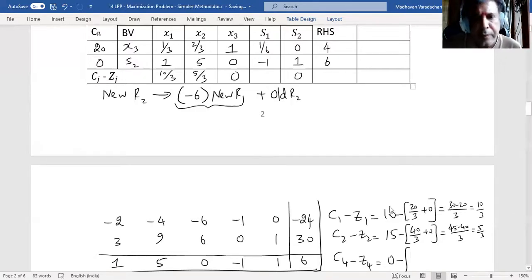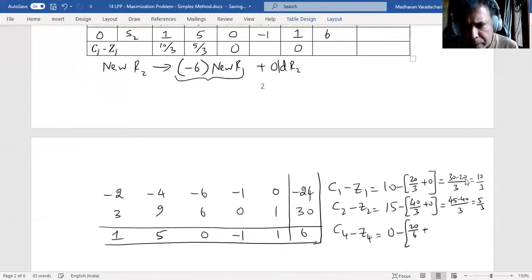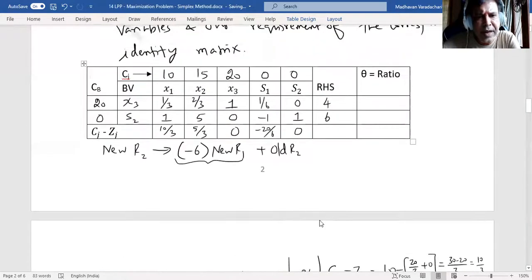Then the next one, 0, that is C4, I wrote it already, minus of Z4. Z4 means it is 20 into 1 by 6, 20 by 6. Then 0 into -1 is 0. So we get, finally, minus 20 by 6. So I can write here minus 20 by 6.